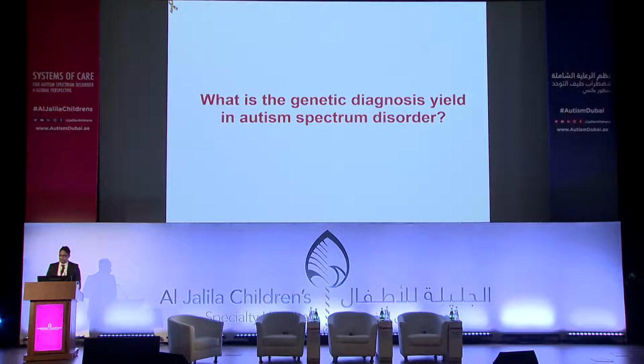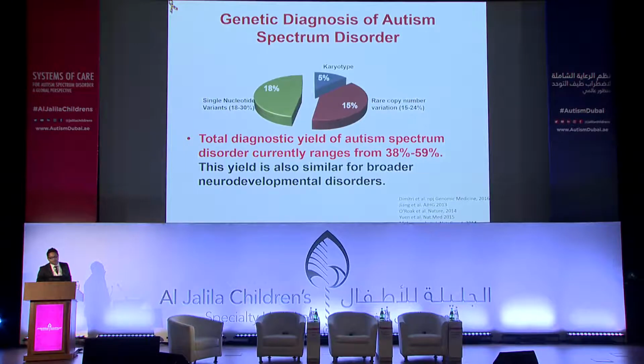So what is the diagnostic yield? If you apply whole genome sequencing, microarray, or exome sequencing to find pathogenic mutations in kids impacted by autism spectrum disorder, the current breakdown of diagnosis is this. Single nucleotide variants have been reported to contribute around 18 to 30% in different publications.